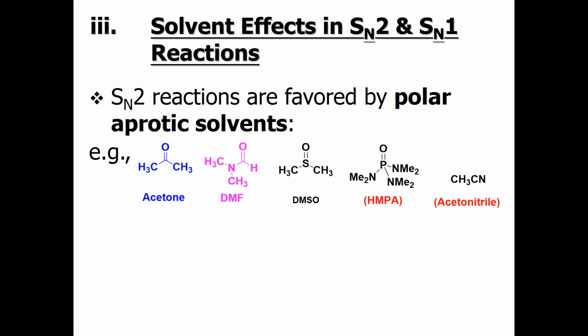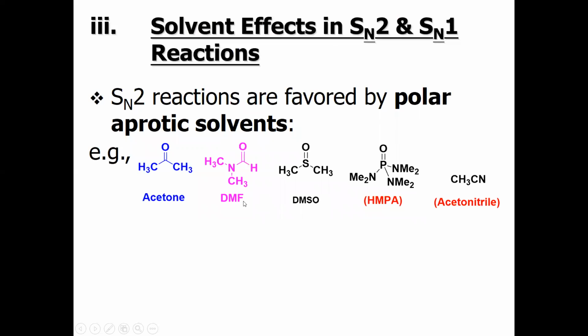This is the third factor which affects the SN2 and SN1 reactions: the solvent. Generally, SN2 reactions are favored by polar aprotic solvents. What do we mean by polar aprotic solvent? Solvents that do not produce protons on ionization. You can see here the structure of acetone, which is a polar molecule because of the carbonyl.